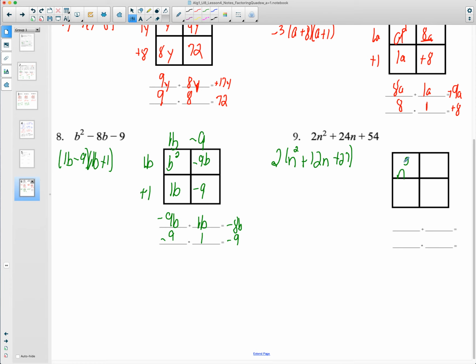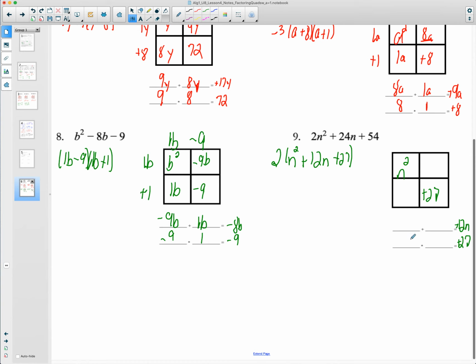All right, so drop our a term into this box. So n squared here, c term down here, so plus 27. And then a times c is a positive 27. And now we have to get to a positive 12 in here.